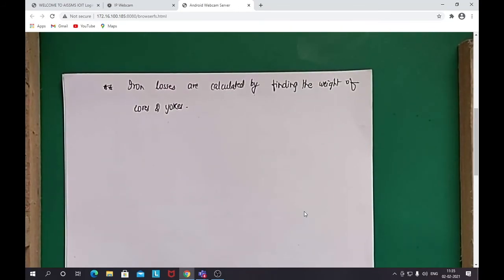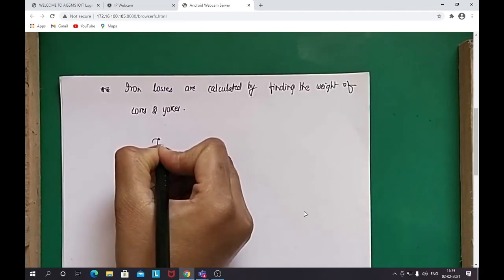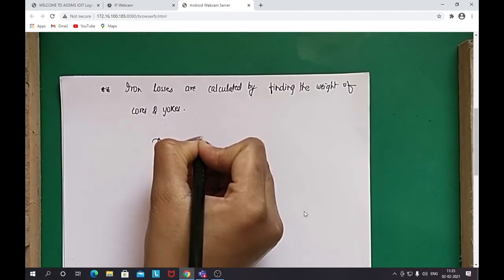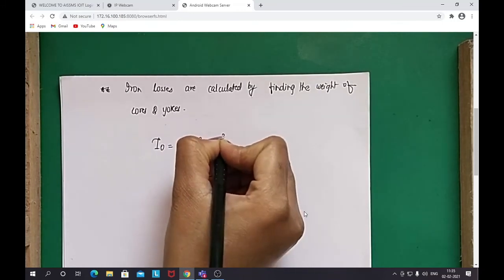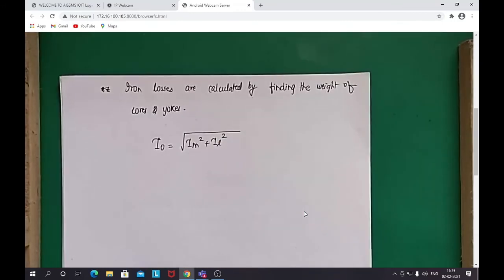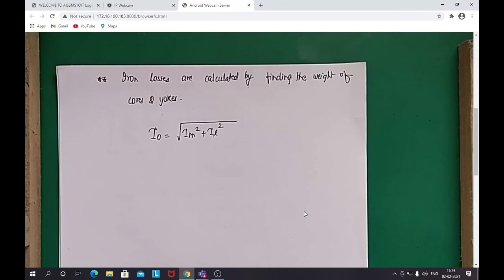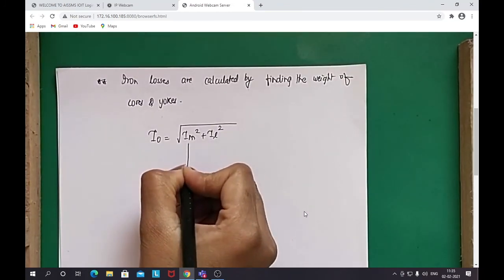So the no load current, I naught, is obviously equal to the square root of Im square plus IL square. For single phase transformer, we now know the value of Im.